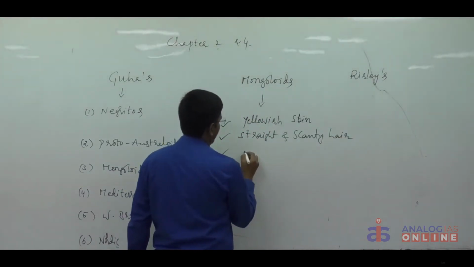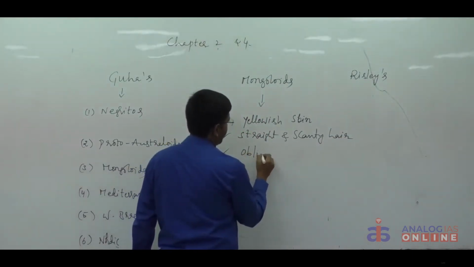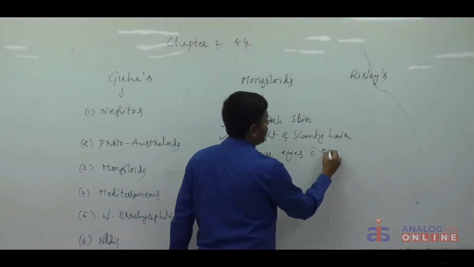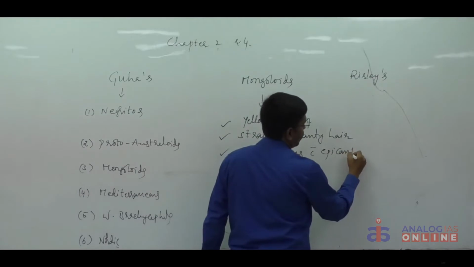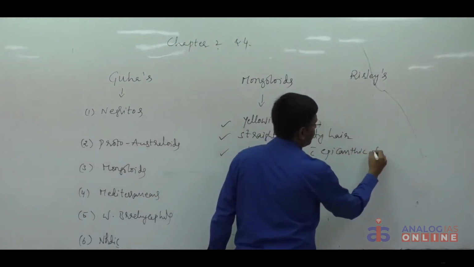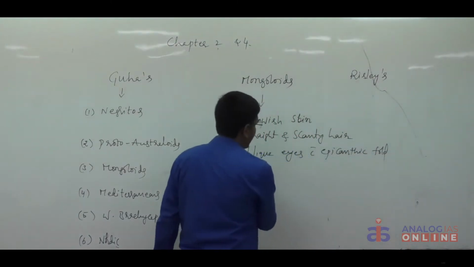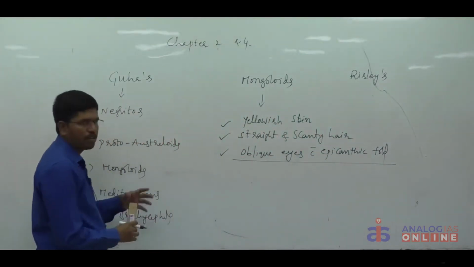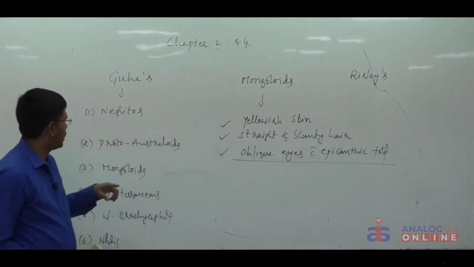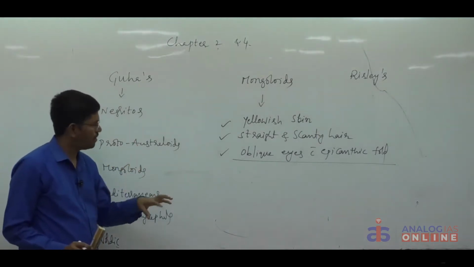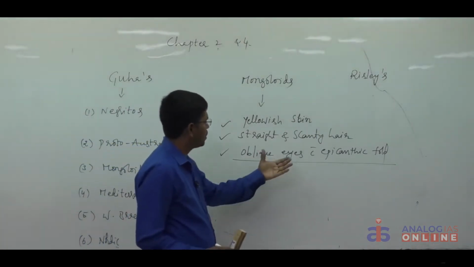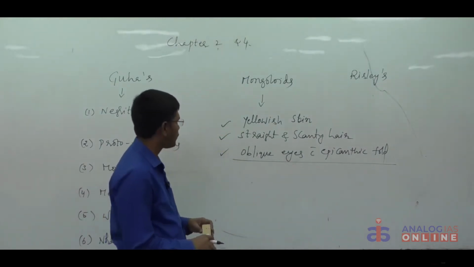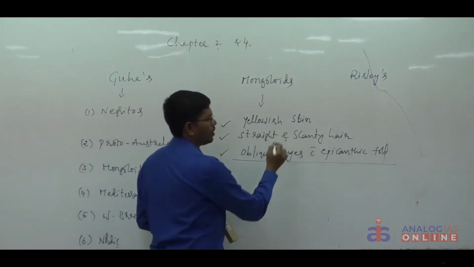Then oblique eyes with epicanthic fold. Underline this point. In negrito element, you have to underline woolly hair. In proto-australoids, you have to underline wavy hair. In Mongoloids, underline this oblique eyes with epicanthic fold. If you want to underline, you can underline yellowish skin also.